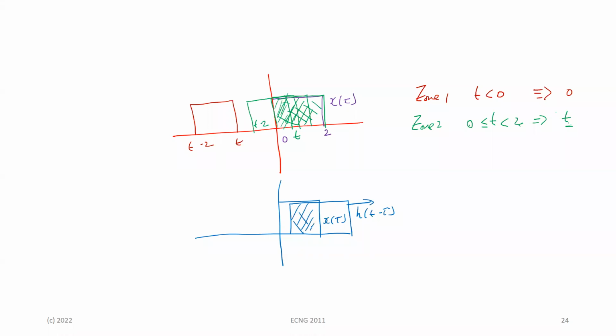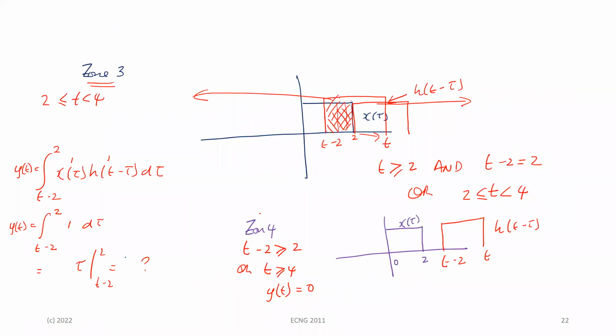Remember, this is moving this way. So this zone of overlap now, which is zone 3, between t and 2, it reached a maximum here, and now this is starting to get smaller and smaller. So this now is equal to whatever that thing is when you evaluate this.